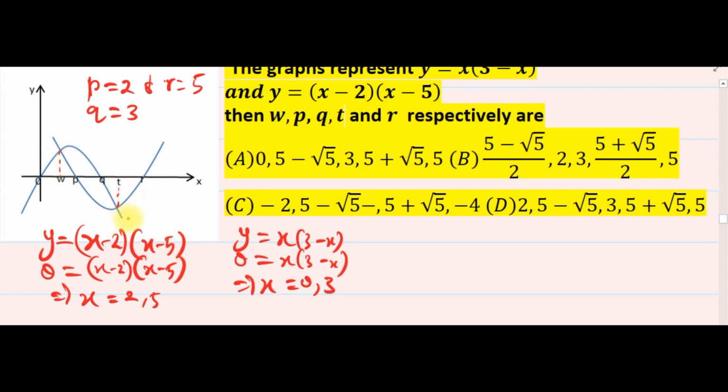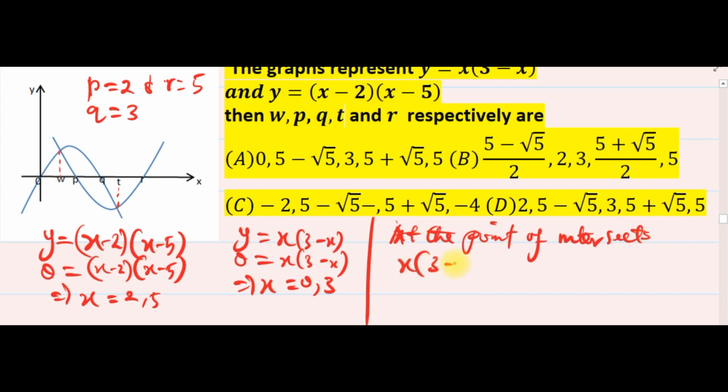So we need to get the points of intersection. At the point of intersection, the two functions are equal.